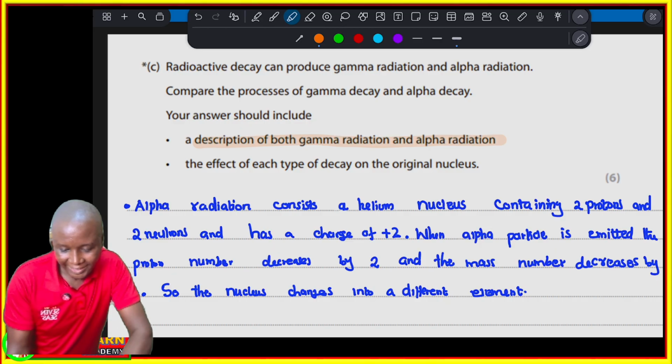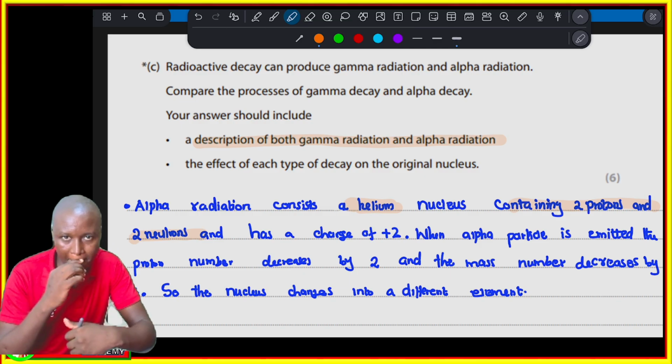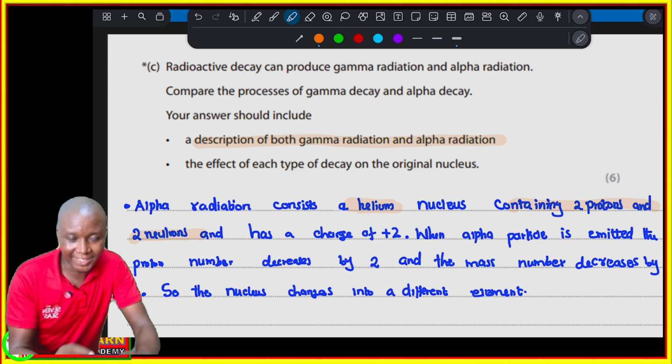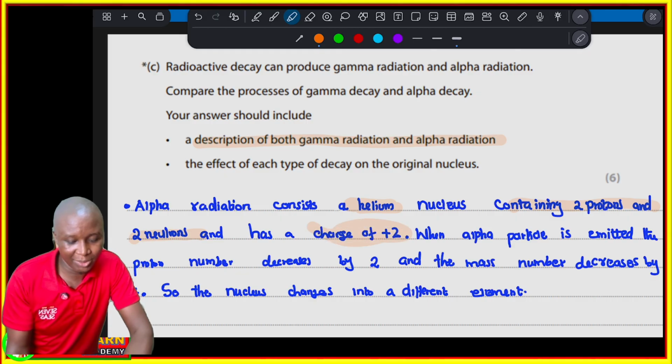That is why I started by saying alpha radiation consists of helium nuclei containing 2 protons and 2 neutrons. I've described what alpha is. And then I went ahead to describe it further, and I said they have a charge of +2 when an alpha particle is emitted.